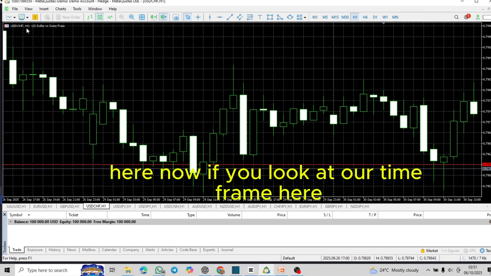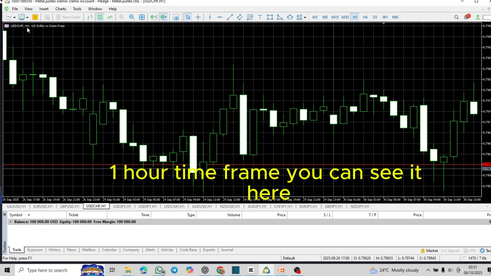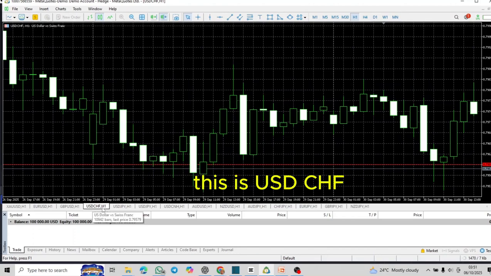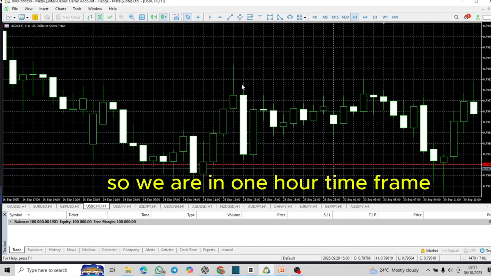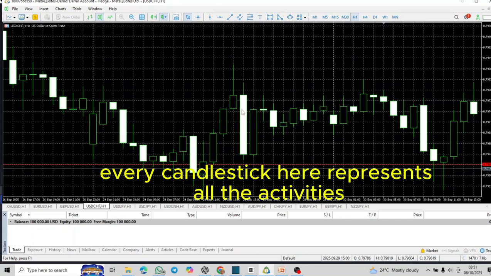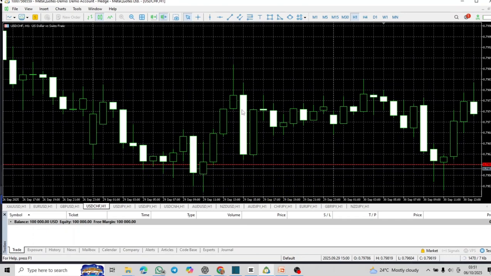Here now, if you look at our time frame, this is 1 hour time frame. You can see it here. This is USD CHF, that is the US dollar versus the Swiss franc. So every candlestick here represents all the activities that happened within that 1 hour period.